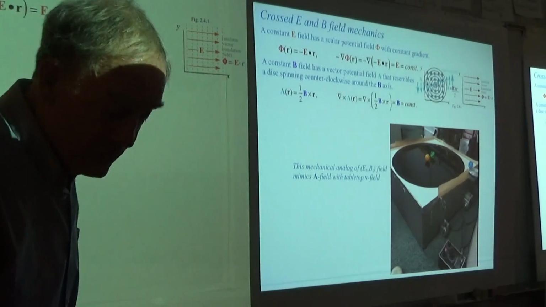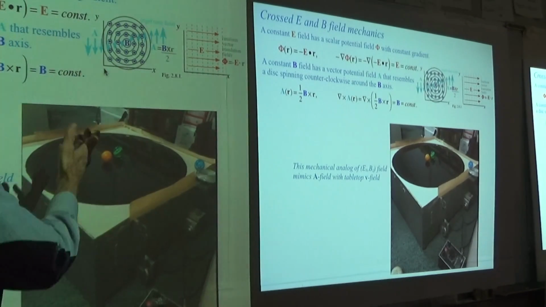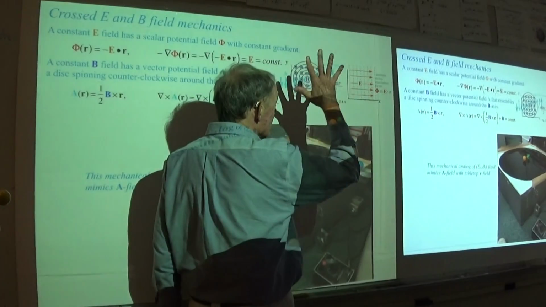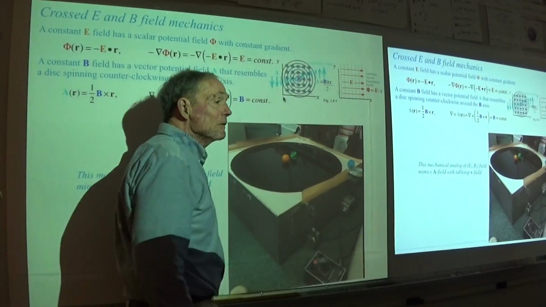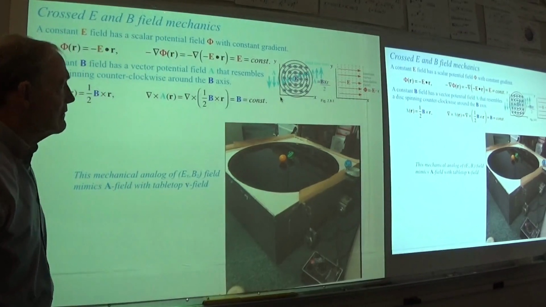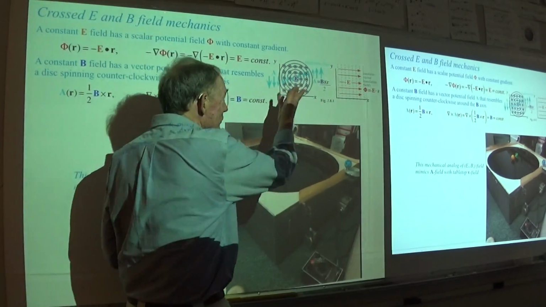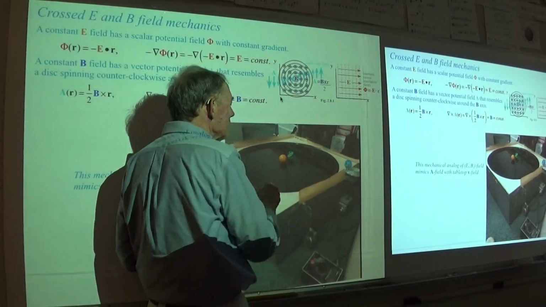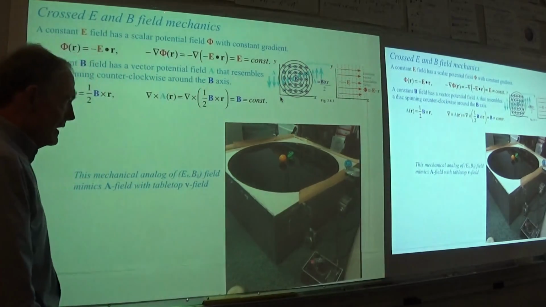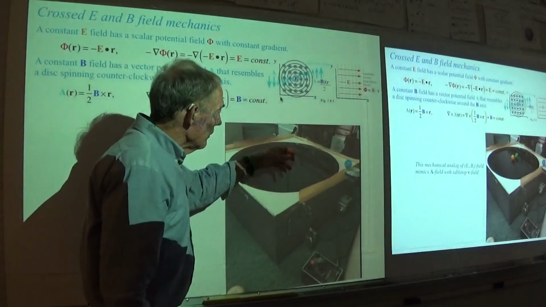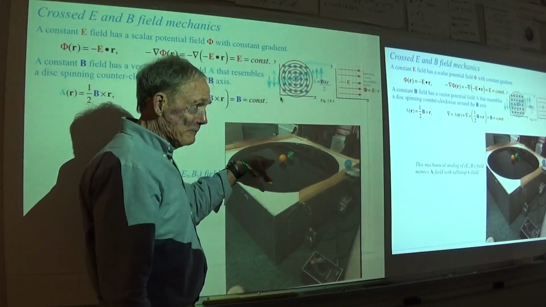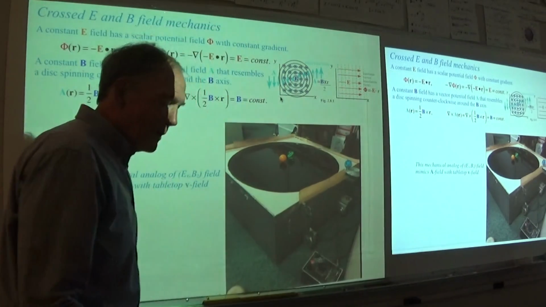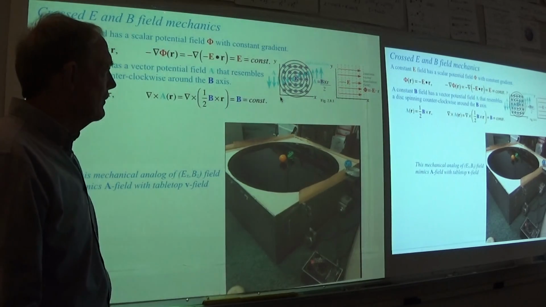But it isn't really so crazy if you think about it for a while, because the A field that you get, if you have a constant B field, is just B cross R over 2. So that's why this rigid rotor field corresponds to the vector potential. You actually have the vector potential exposing itself in a mechanical analog. And then there's going to be balls that roll on this thing without slipping and behave like a particle in a cyclotron. All right? When you came to class today, did you think you were going to see something as weird as this?